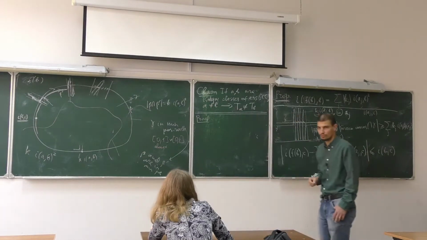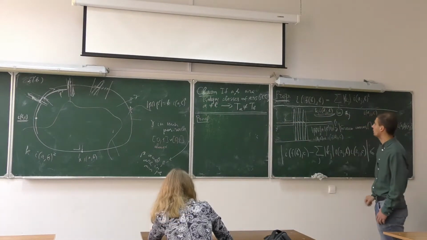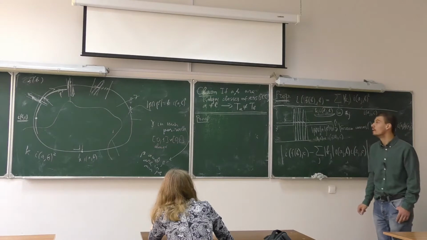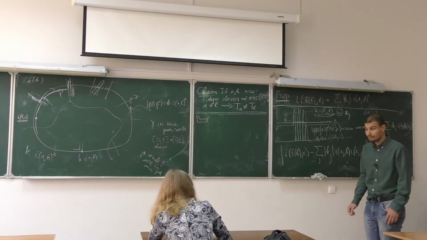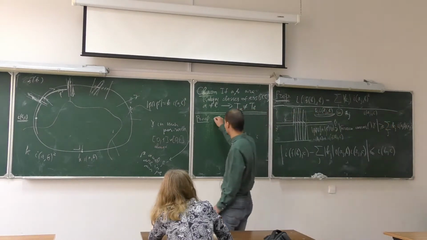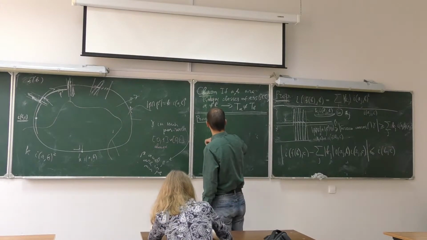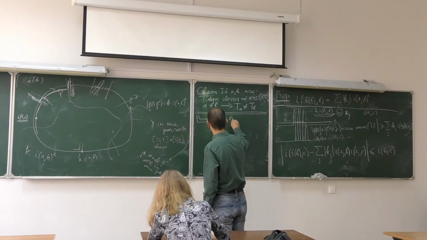Actually, we have two possibilities. First one, let us suppose that the intersection index of A and B is non-zero.